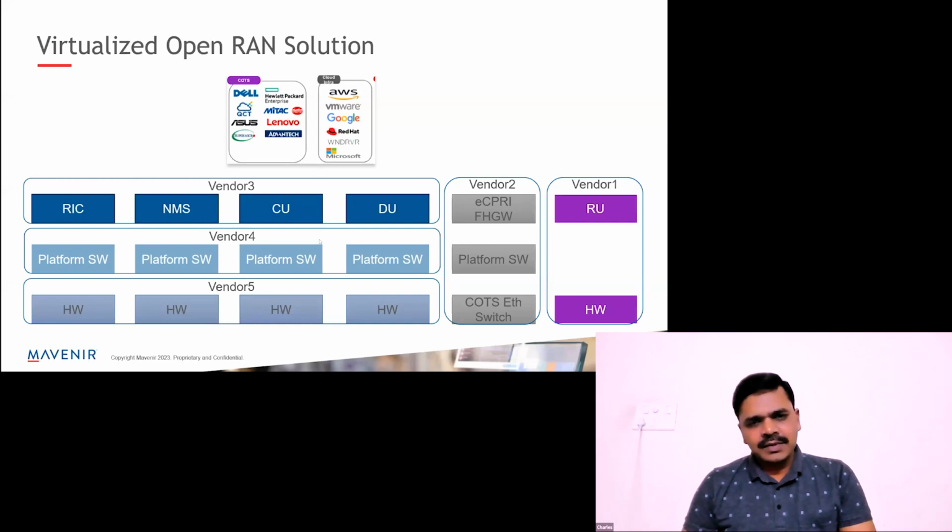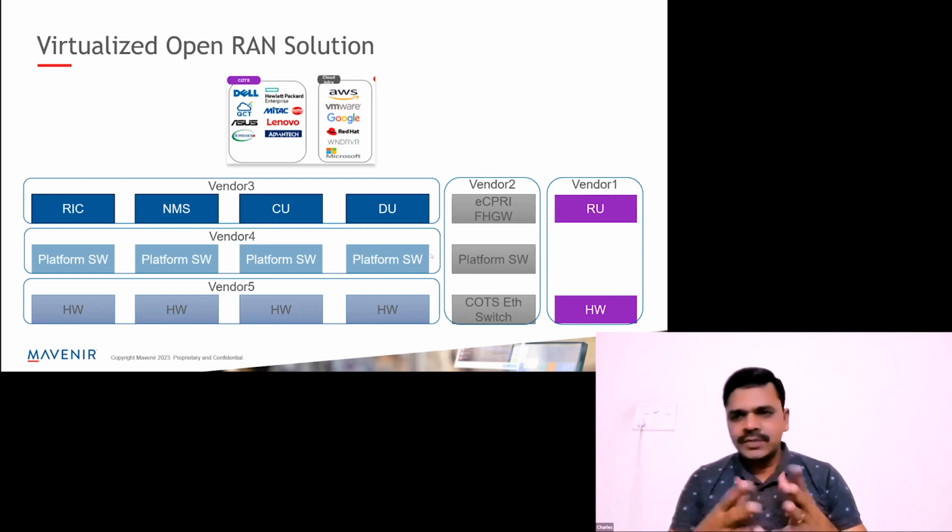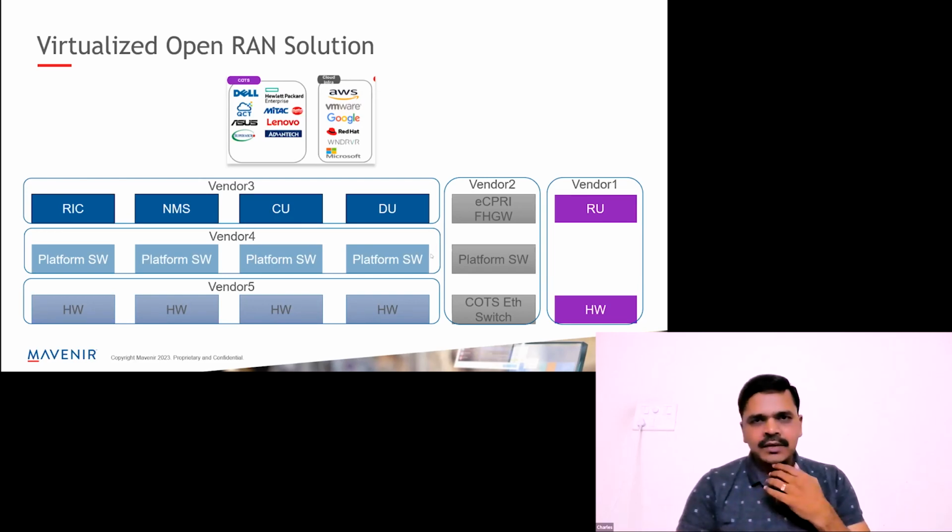With this virtualization, and RAN software that works seamlessly across different hardware and software platforms, it opens up another level of vendor diversification and opportunity for operators to choose what is the most suitable one for their network.